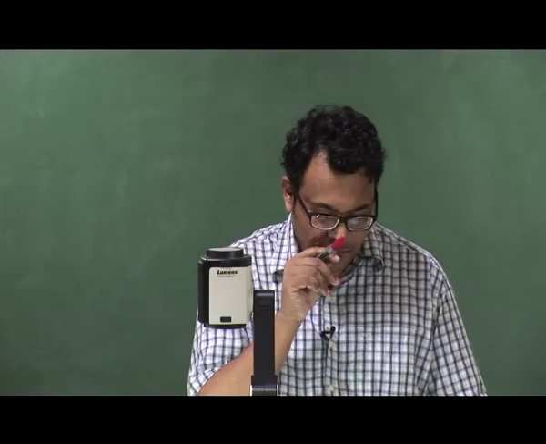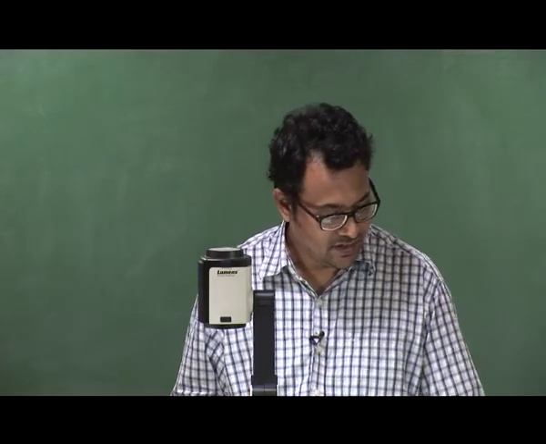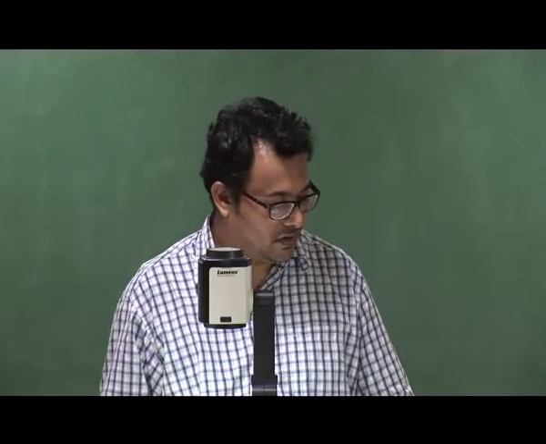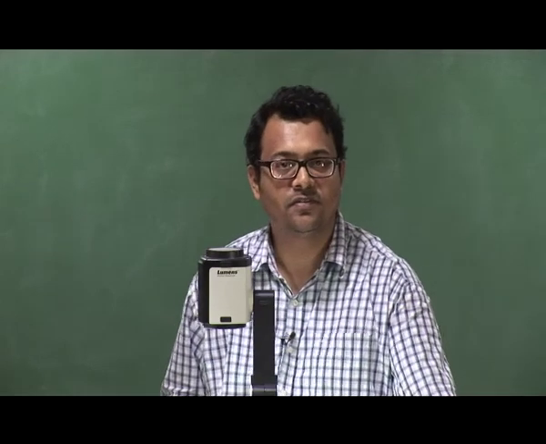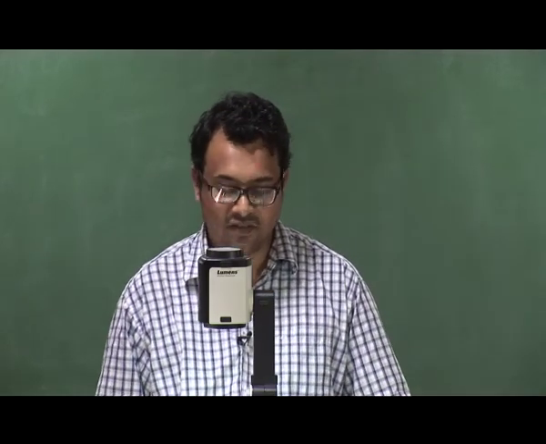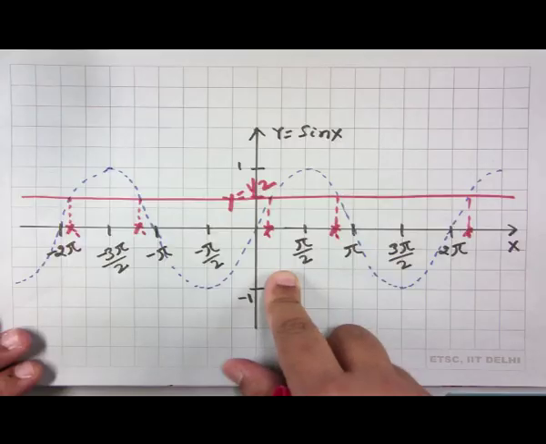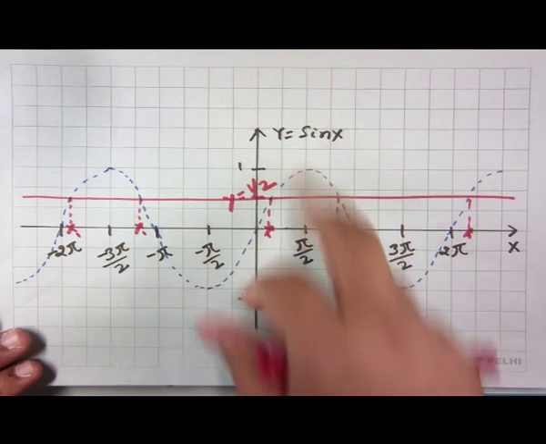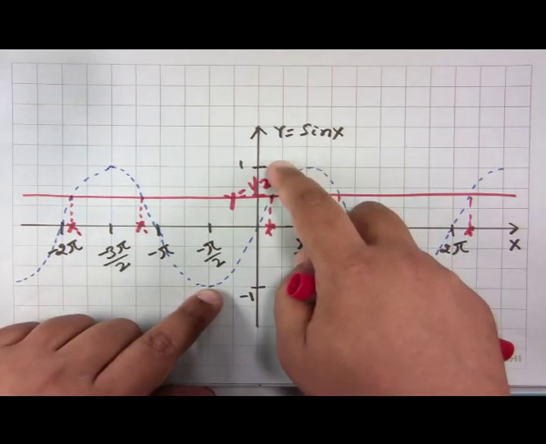So, we will now use this technique to restrict the domain of trigonometric functions, so that we can define their inverse meaningfully. So, we go back again to the y equal to sin x function, and now we know that the range of the sin x function is between -1 and +1.